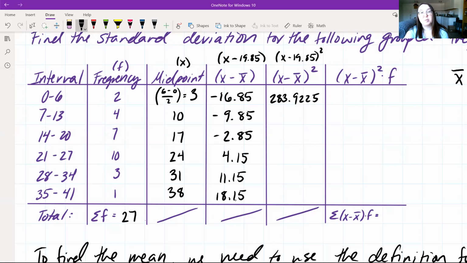We want to keep a good amount of decimals, so I always suggest 3 or 4 decimals, because if we round too much, our final answer is not going to be correct because we've rounded too many times. So it's important to keep a good number of decimals so we're getting an accurate answer. Then we want to square negative 9.85.